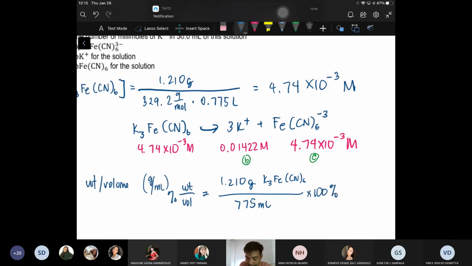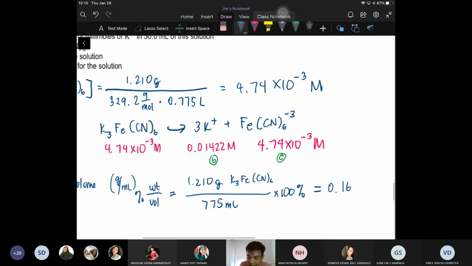So our answer here will be 0.156% weight per volume.